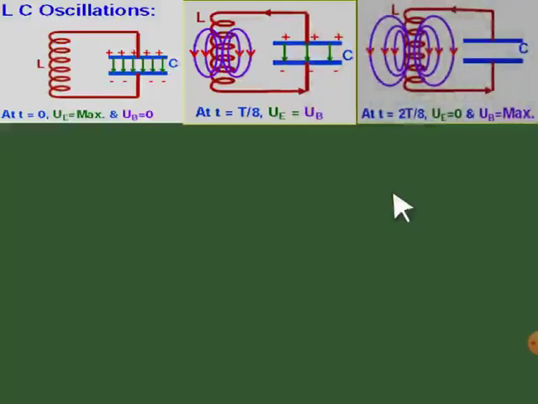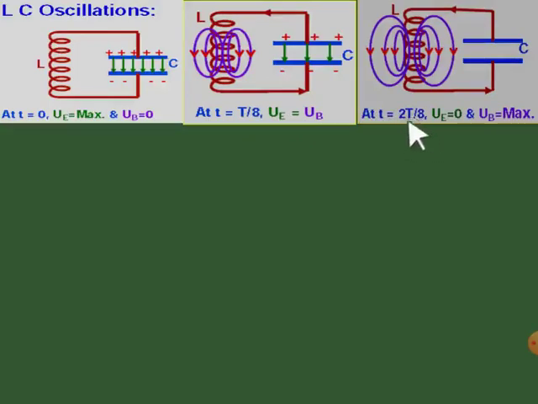Now let's see the third one, that means at time t equal to 2T by 8. As I told you, let's divide the whole process into 8 parts. In the first T by 8 of the total time period capital T this happened, and in the next, t is equal to 2T by 8, or you can say T by 4.